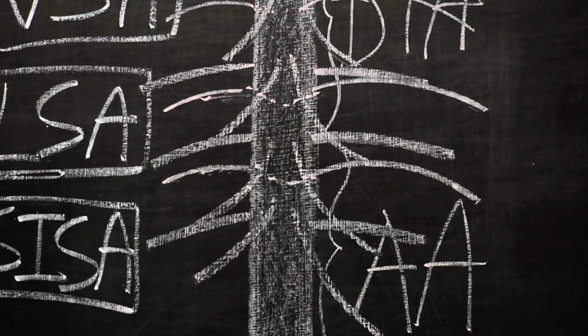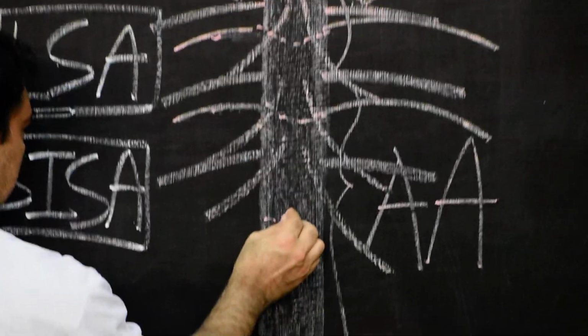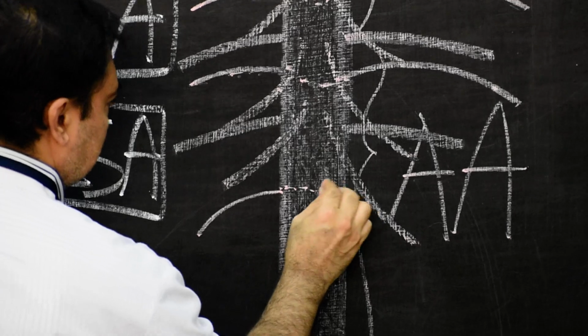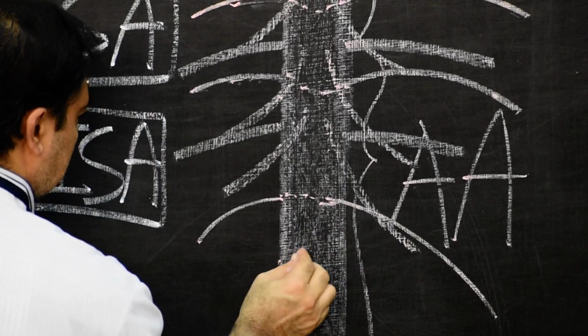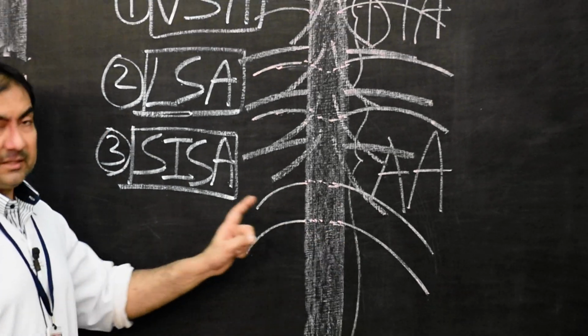Dorsolateral means slightly posterior to the aorta, in this way. These branches will supply the body wall.